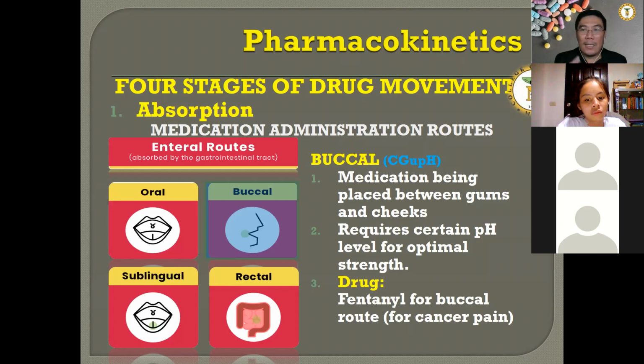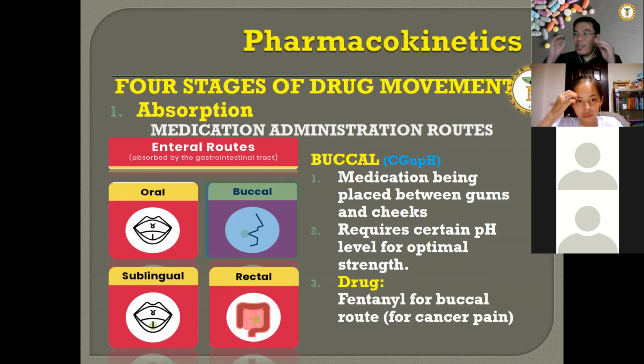Usually, in the buccal area, the drug is given on the side of the cheeks, between the gums and the cheeks. However, di ba meron tayong saliva that is being secreted? The absorption will be more effective kung mataas ang pH ng saliva.